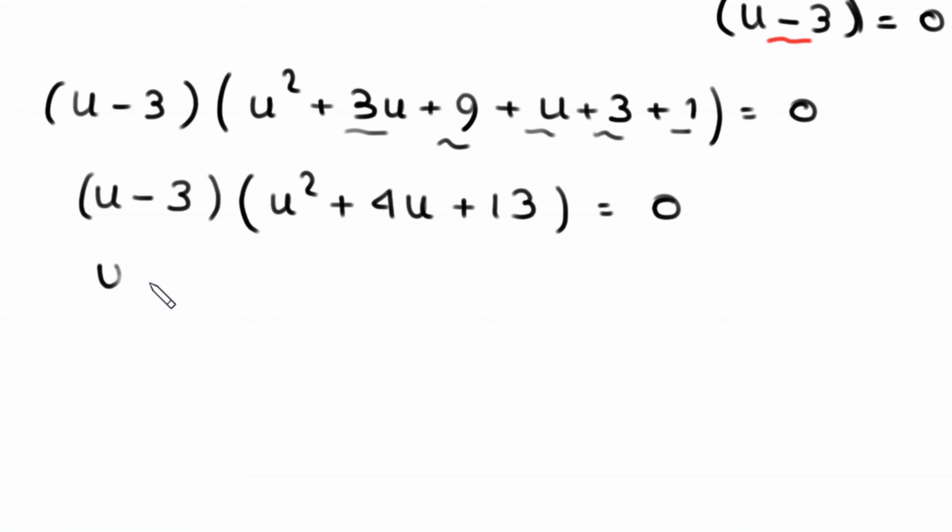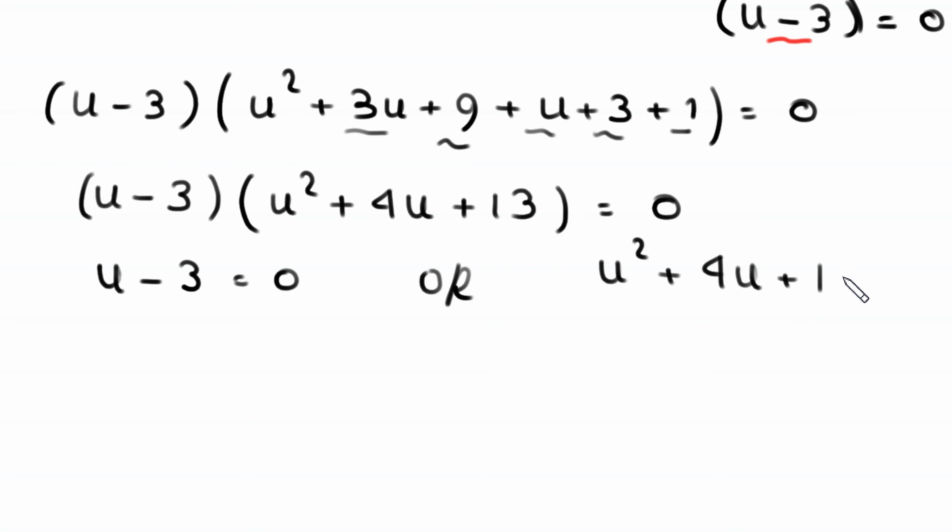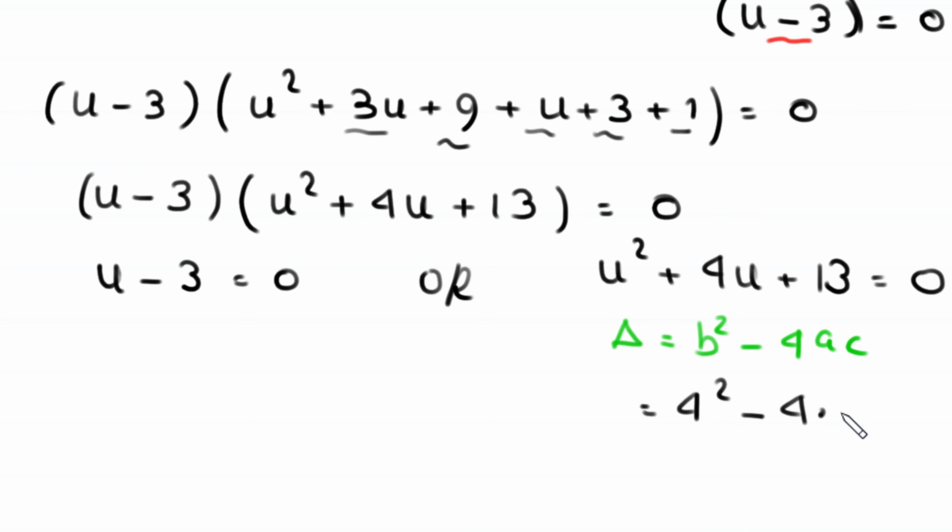Either this expression u minus 3 equal to 0, or this expression u squared plus 4 times u plus 13 equal to 0. From this quadratic equation, we see whether the discriminant is less than 0 or greater than 0. Since b is 4, the discriminant will be equal to 4 squared minus 4 times a, which is 1, times c, which is 13.